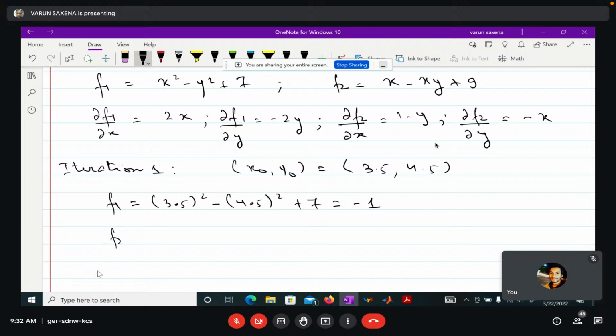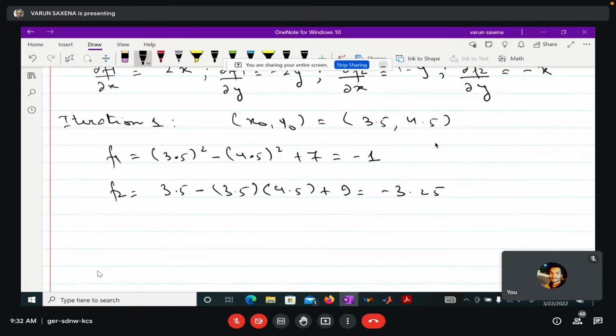Then second is f2. f2 is going to be 3.5 minus 3.5 multiplied by 4.5 plus 9, and that is minus 3.5. Then del f1 over del x is 7. You just multiply 2 with 3.5.